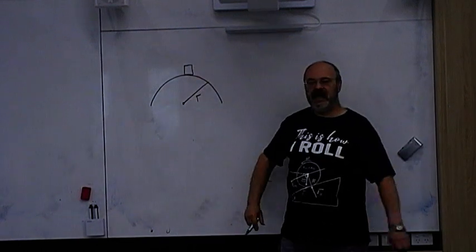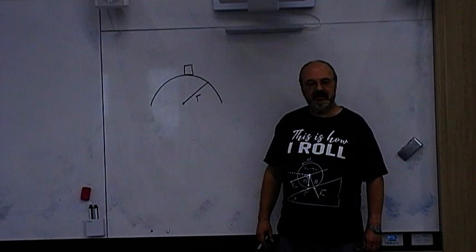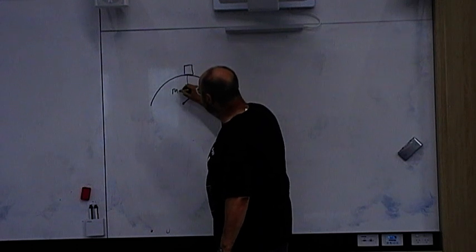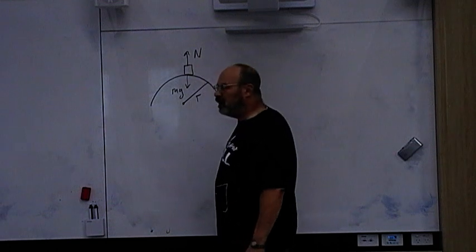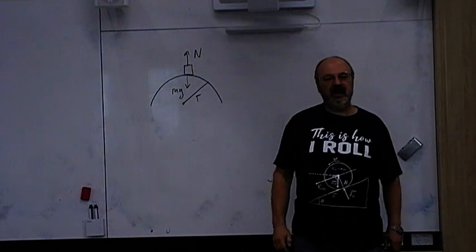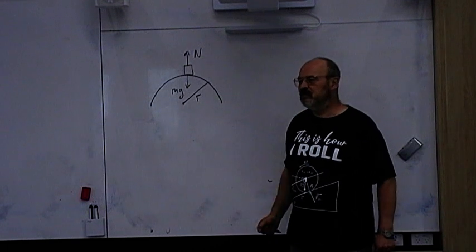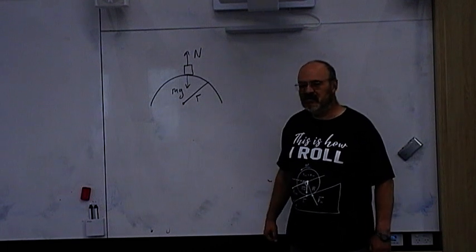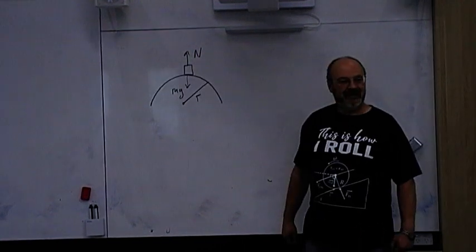Which force is acting on the car at the top? mg, what else? A normal reaction. mg, and we have normal. In which direction will the net force be directed? It's moving in a circle, so where should it be directed? To the center.